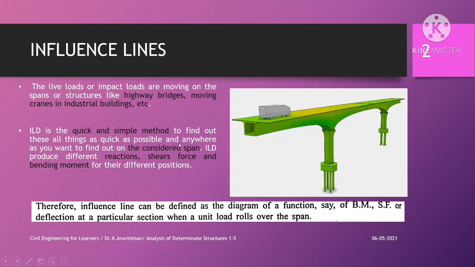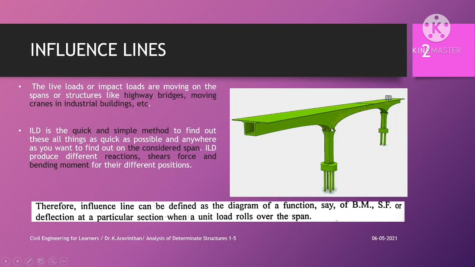So we will look into it with an example. The influence line is a quick and simple method to find all these as quickly as possible, anywhere you want on the considered span.